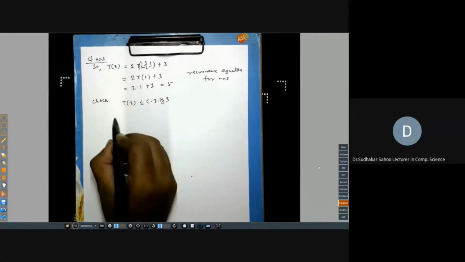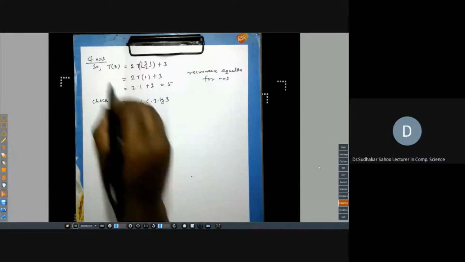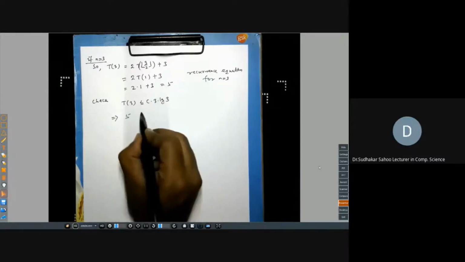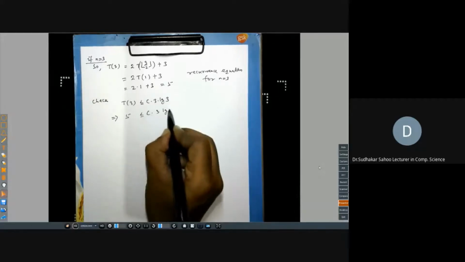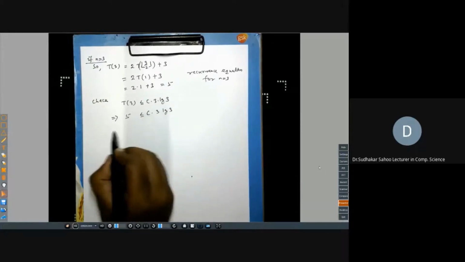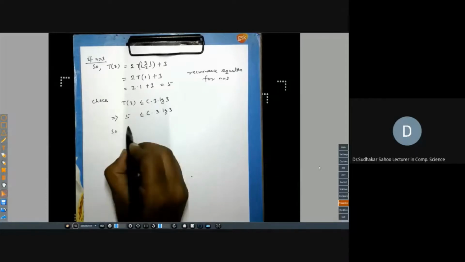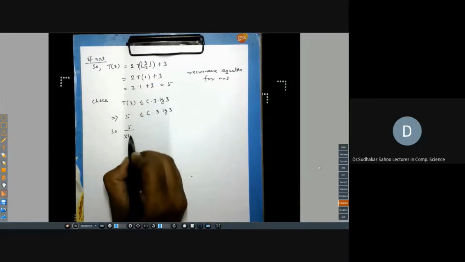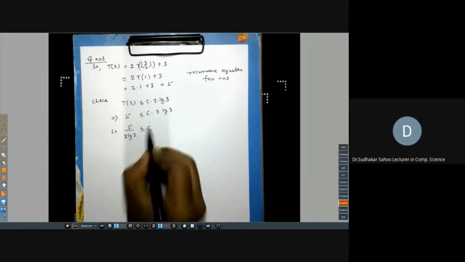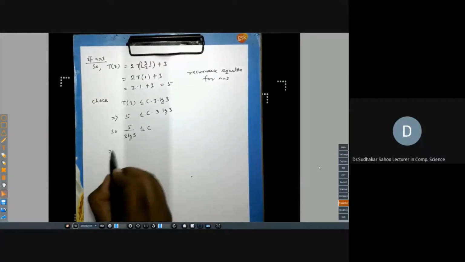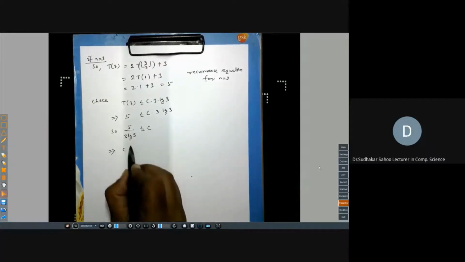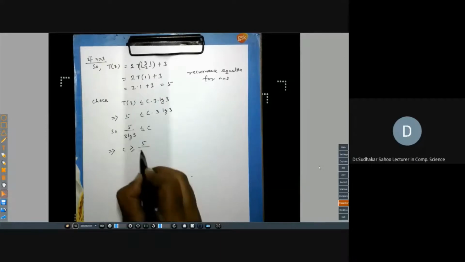T of 3 is 5, less than or equal to C into 3 Lg3. So 5 by 3 Lg3 is less than or equal to C. So this implies C is greater than or equal to 5 by 3 Lg3.